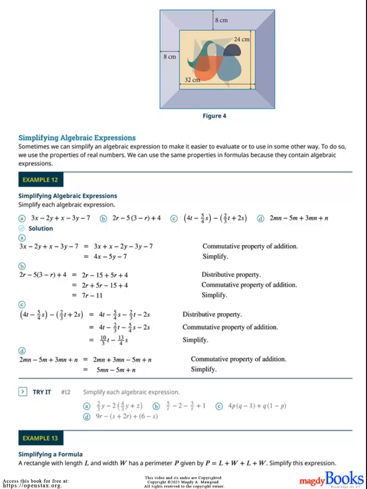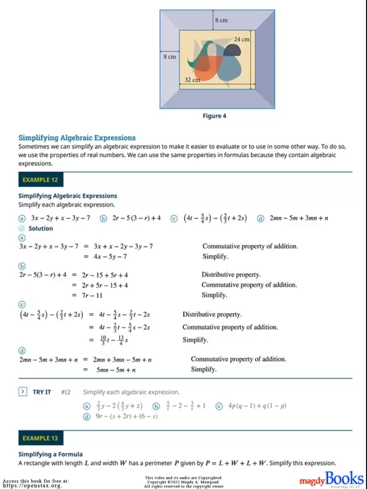B. 2r − 5(3 − r) + 4 = 2r − 15 + 5r + 4. Distributive property. = 2r + 5r − 15 + 4. Commutative property of addition. = 7r − 11.